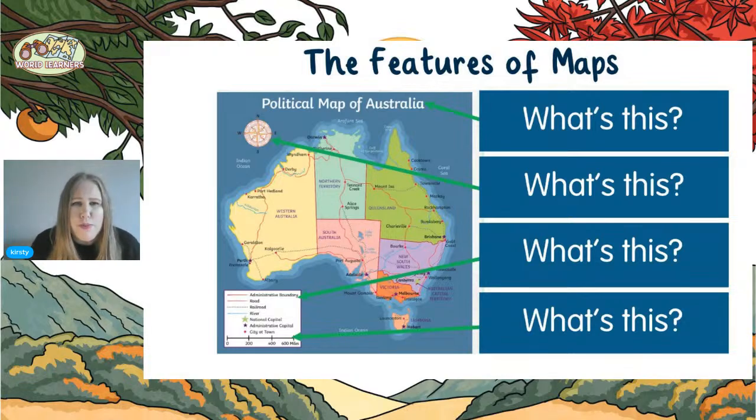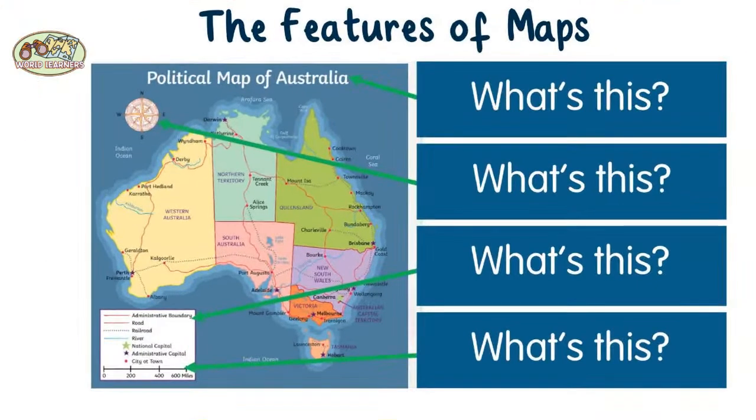What are those arrows pointing to? What's that at the top? What's that circle? What's that down at the bottom? What are those two things? I'm going to just make it a bit bigger. You see if you can tell me what those things are. And you don't need to type it in the chat necessarily. You can just have a chat about it with someone if you're watching along.